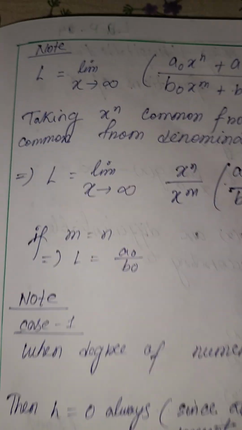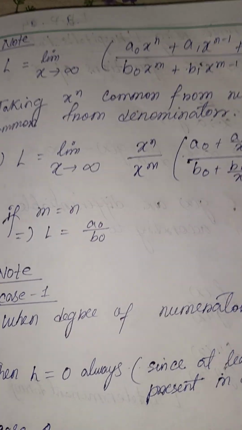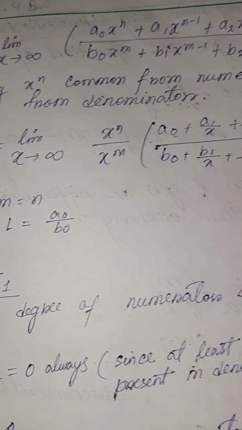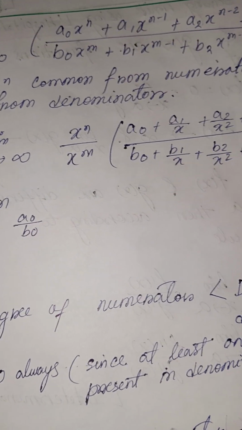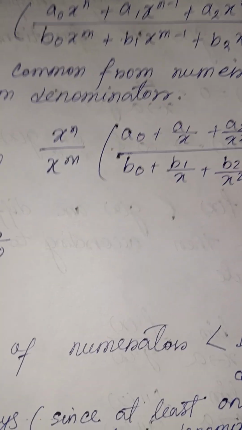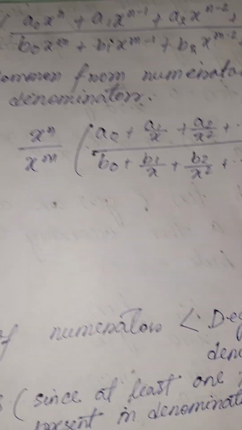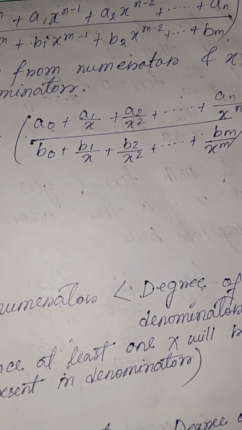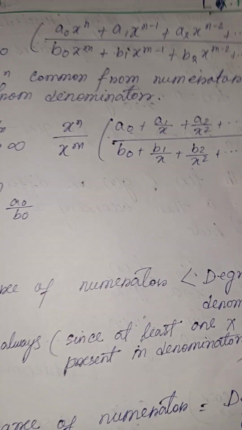Next, ये भी note है. Like limit is L is equal to limit x tends to infinity of (a0 x to the power n plus a1 x to the power n minus 1 plus dot dot dot plus an) by (b0 x to the power m plus b1 x to the power m minus 1 plus dot dot dot plus bm).